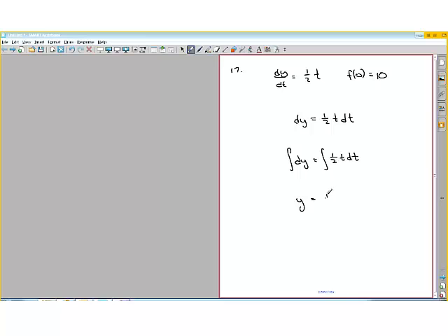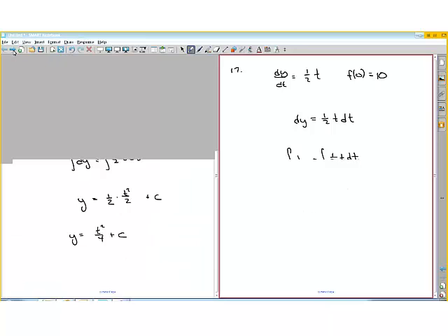Here we get 1/2 the integral of t dt, which is t squared over 2, and we add an arbitrary constant c. So that's the same as y equals t squared over 4 plus c. So that is our general solution.